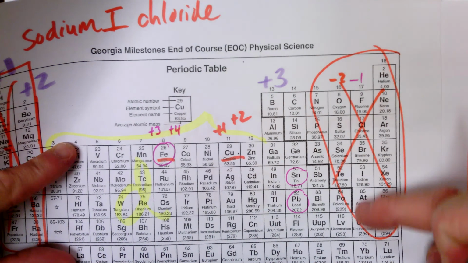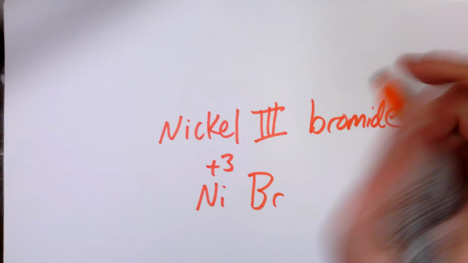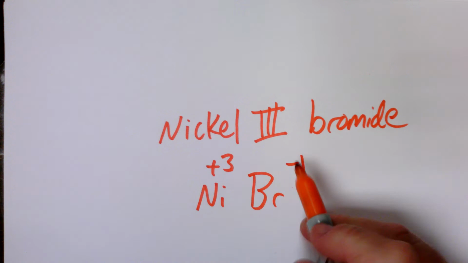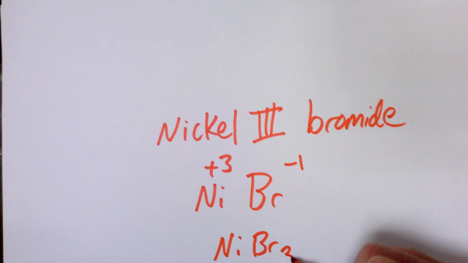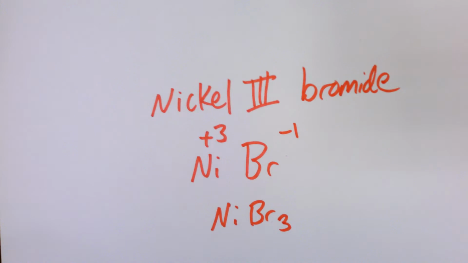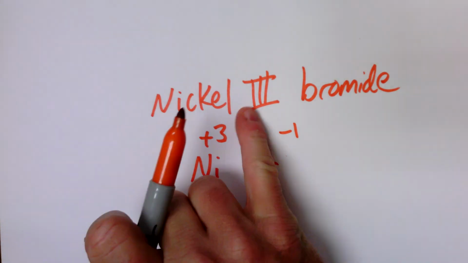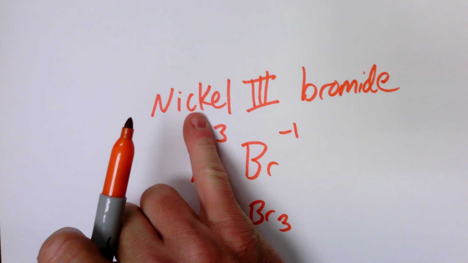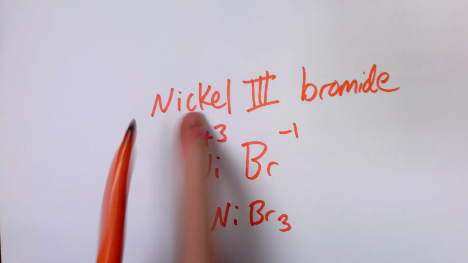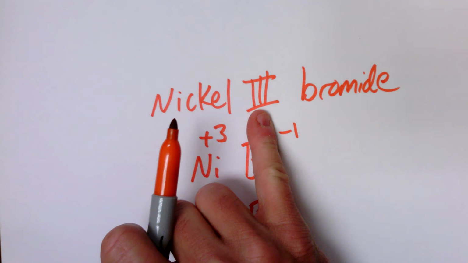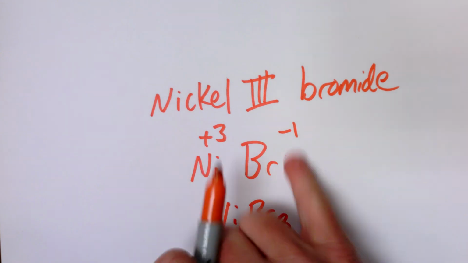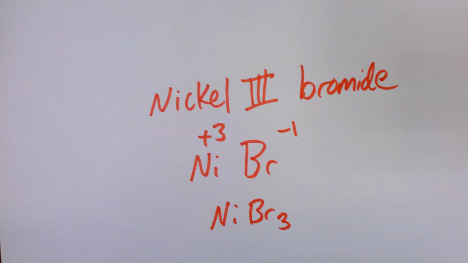Bromine's over in this column. That's always a -1. Now I drop and cross this. That's nickel 3 bromide. Remember, the Roman numeral tells you about what nickel is doing, not about how many nickels there are. This is the nickel that's going to give 3. So it's a +3. Drop across, NiBr3.